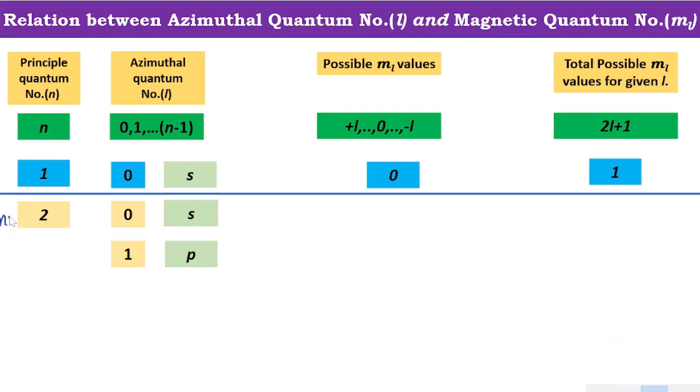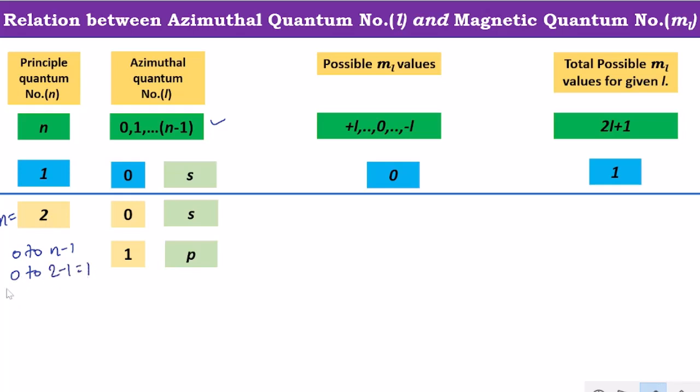For this n equal to 2, there are possibilities of two azimuthal quantum numbers. These can be calculated using the formula 0 to n minus 1. So let's calculate. In this case, the value of n is 2. Therefore, 0 to 2 minus 1.